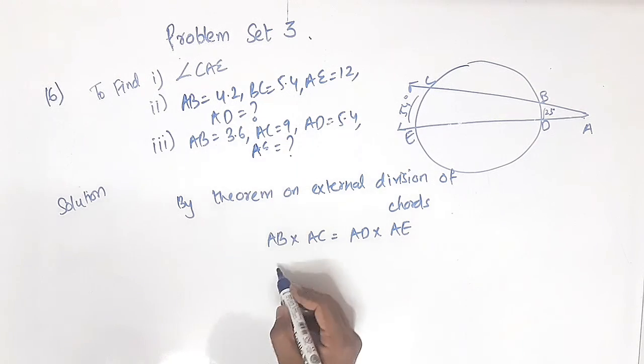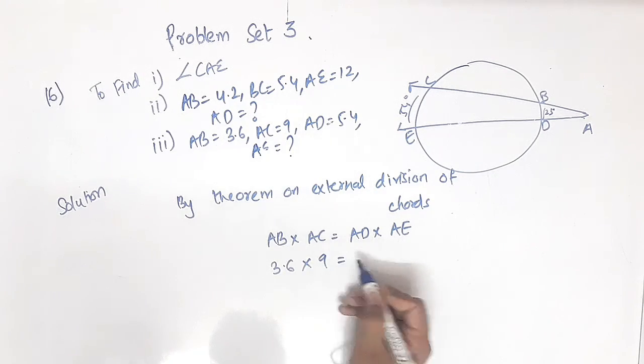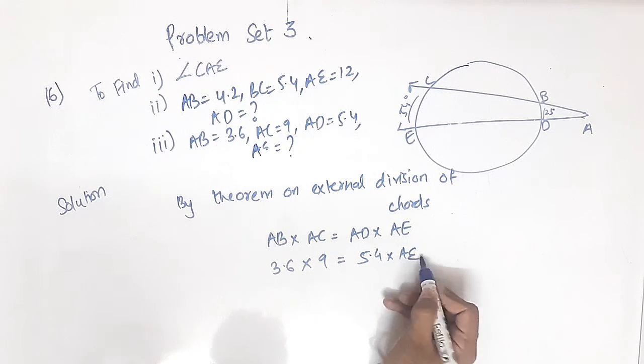Let us write what is the new measurement given. AB is 3.6, AC is 9, AD is 5.4, and AE we have to find.